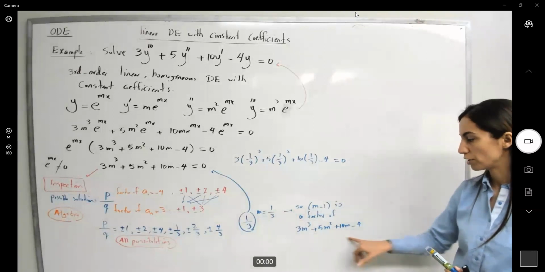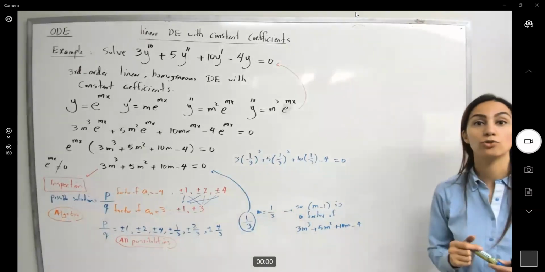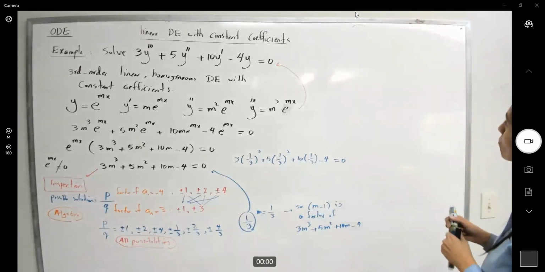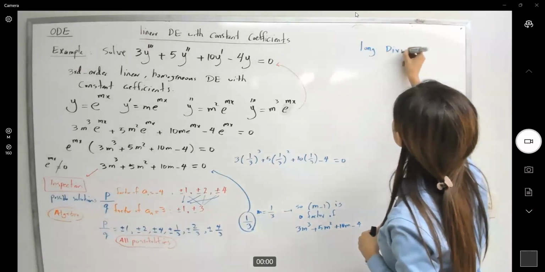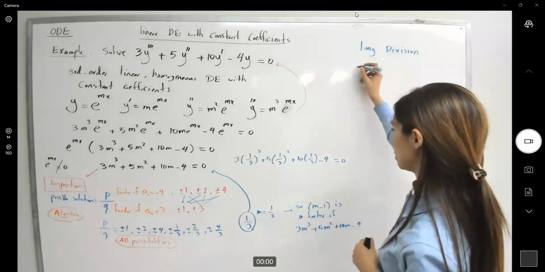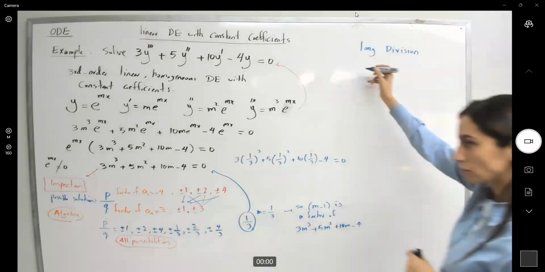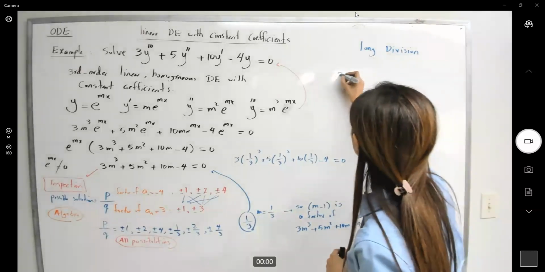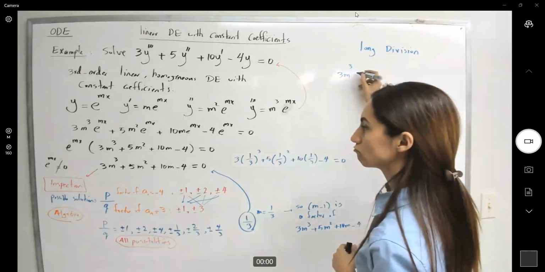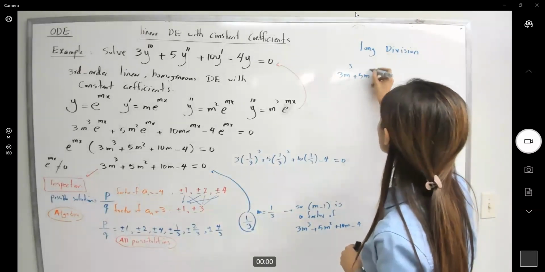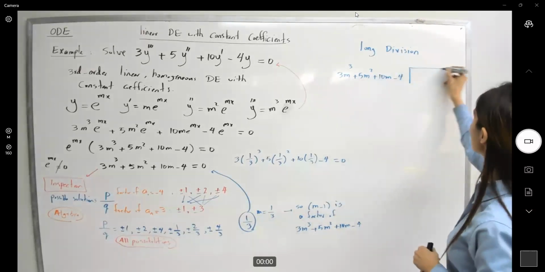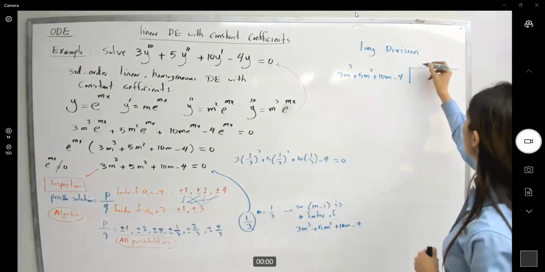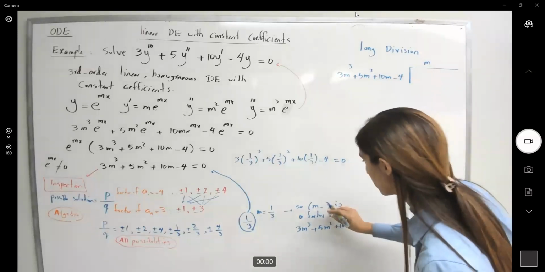So how do we find the rest of the factors? We have to do the long division. Here we have 3m cubed plus 5m squared plus 10m minus 4, and we're dividing this by m minus a third.